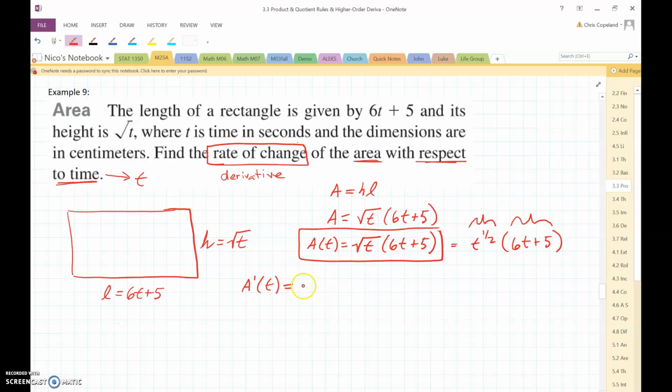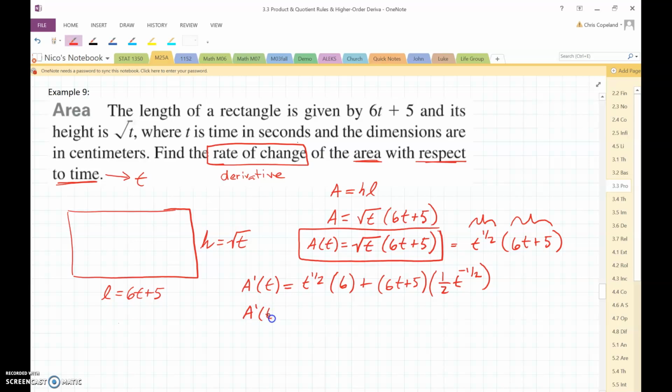So it's going to be the first times the derivative of the second plus the second times the derivative of the first. So hopefully you see where I'm getting that. Okay, so now let's simplify this.